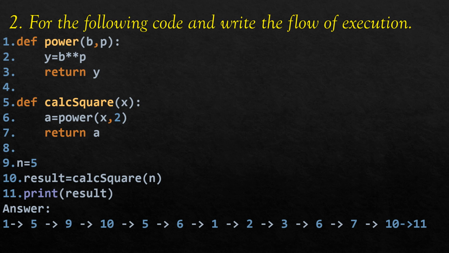Now it will execute line number 1, 2 and 3, and the value will be returned to line number 6 where the function is called, and the value is stored in a variable a. Now line number 7 is executed where the value a is returned, and it will be returned to the variable result. So it will again go to line number 10, and finally it will execute line number 11.